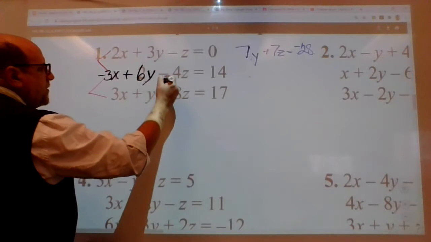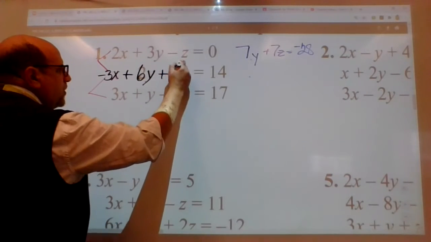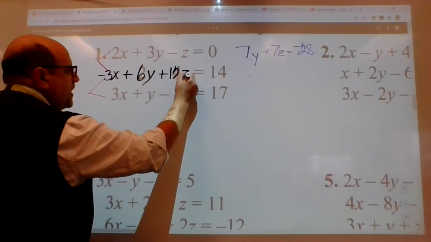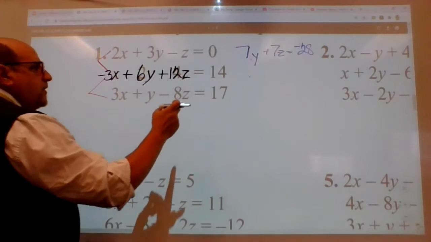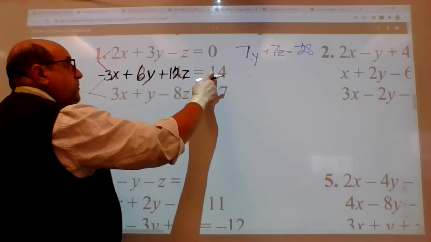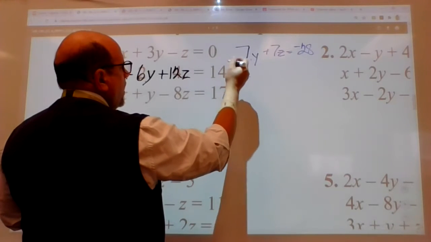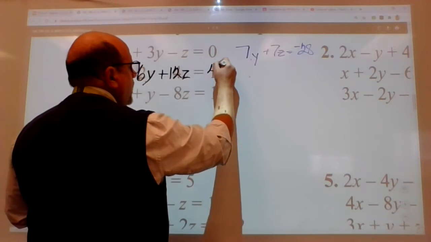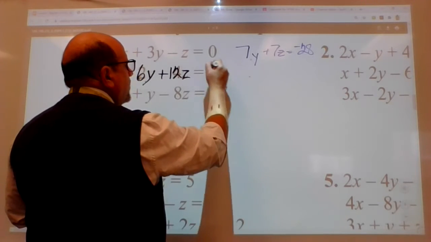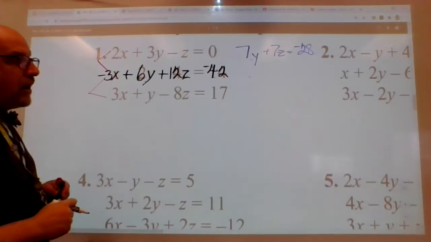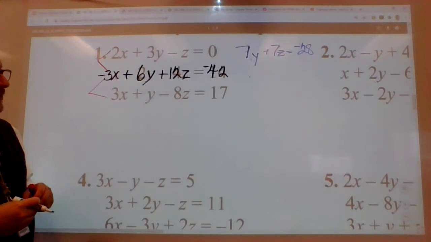Negative 4 times negative 3 is positive 12z. And then 14 times negative 3 is positive, what is that, 42. Sorry, it's negative. I lied to you. Please forgive me for lying to you.